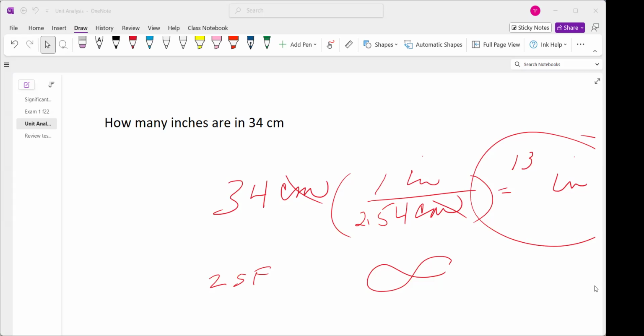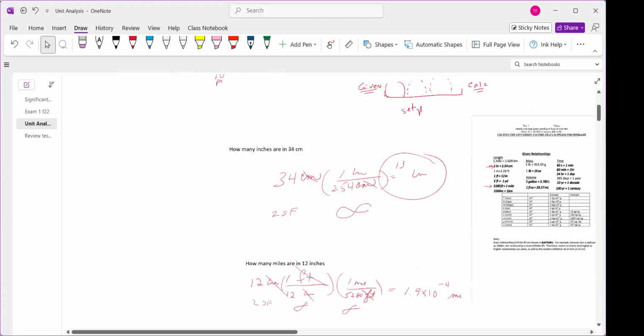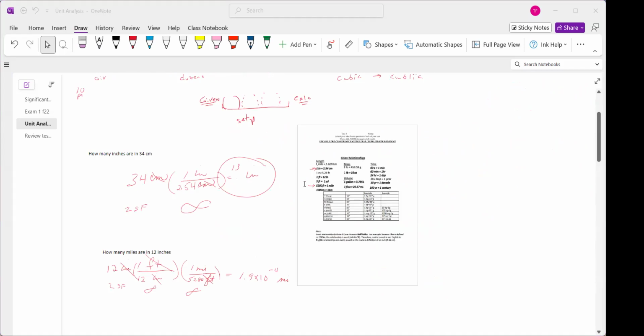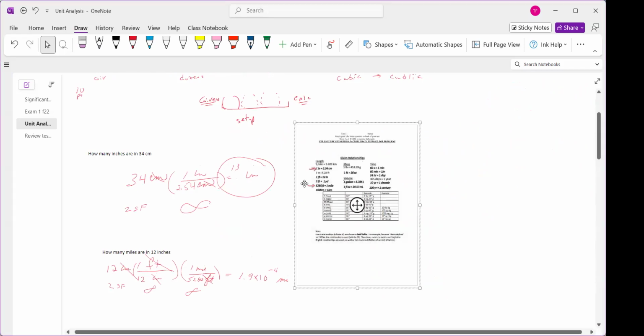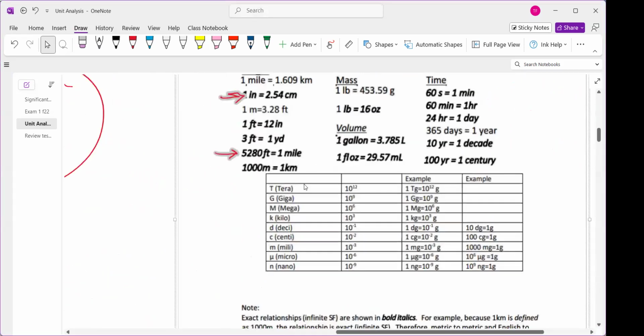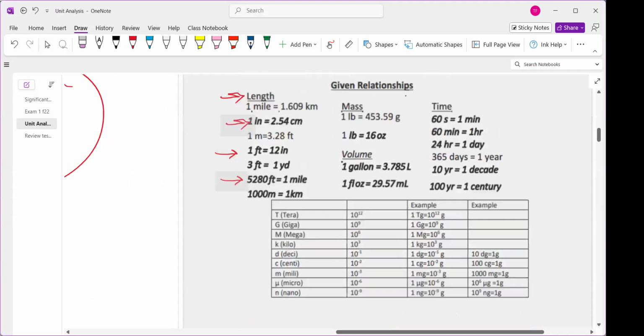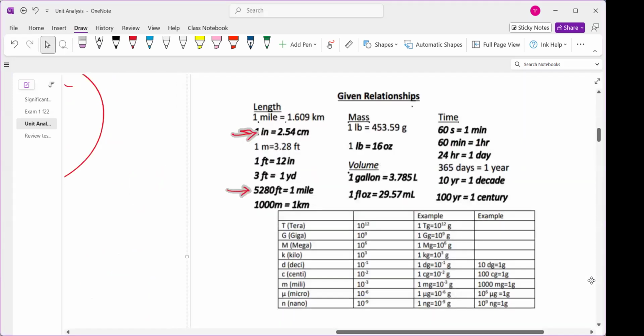Okay, so every conversion factor starts with an equality.